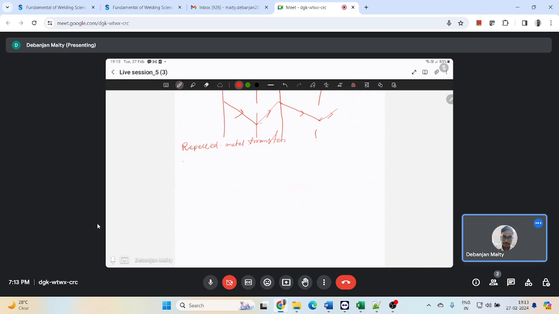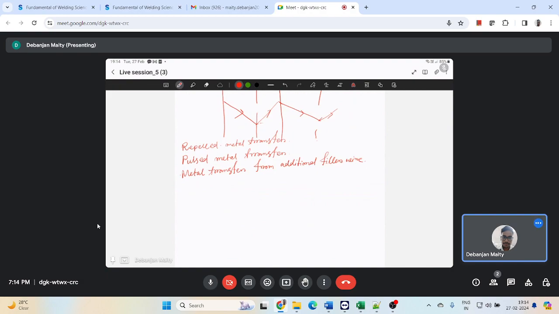You can have pulsed metal transfer. You can have some metal transfer from this filler wire, right?